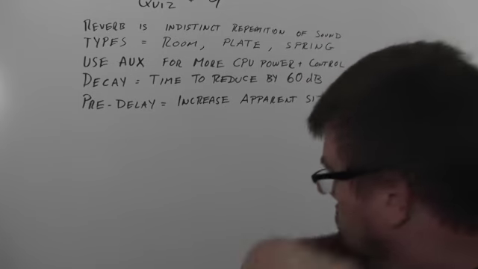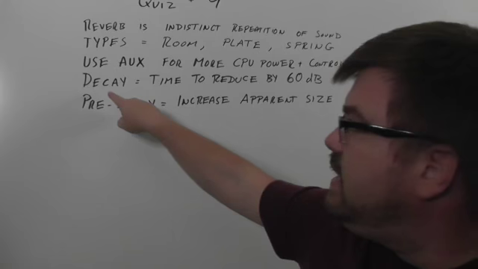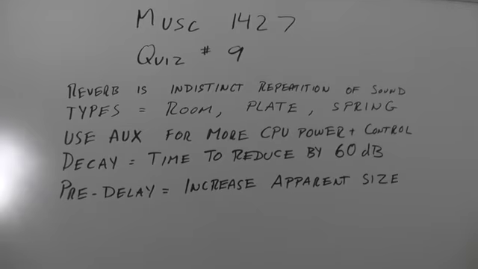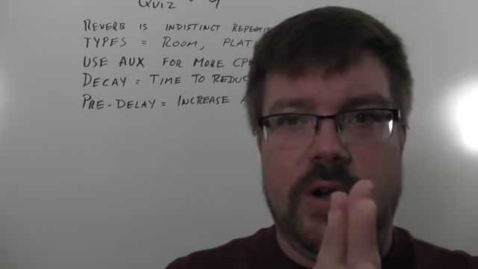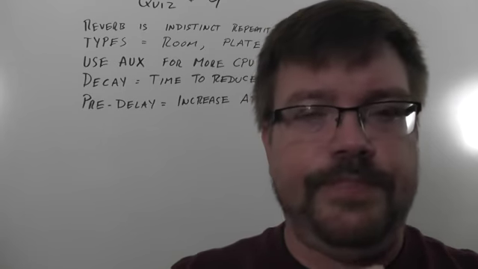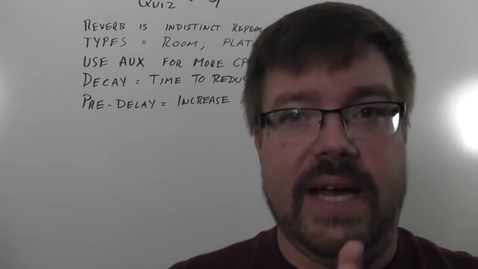Decay time is the length of the reverb. If you want your reverb to last for a long time, you make the decay longer. If you want it shorter, for more shaping and toning kinds of things, you want a shorter decay time.